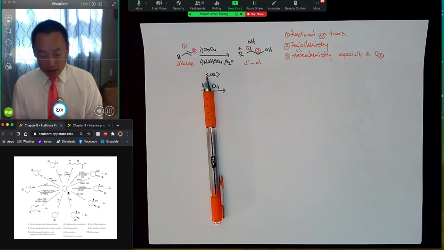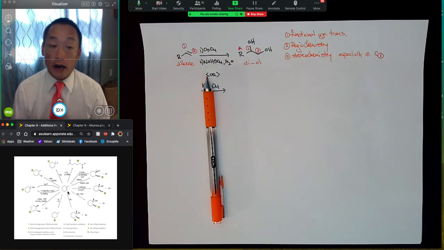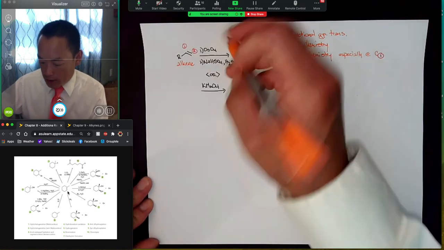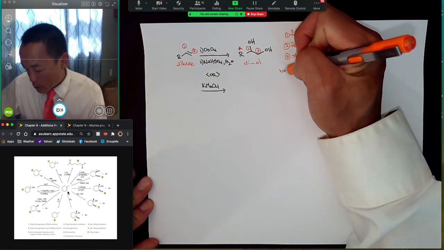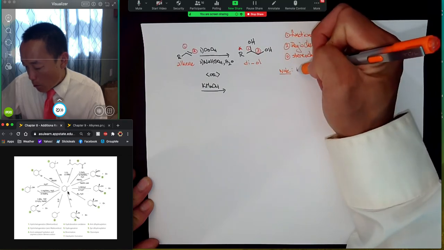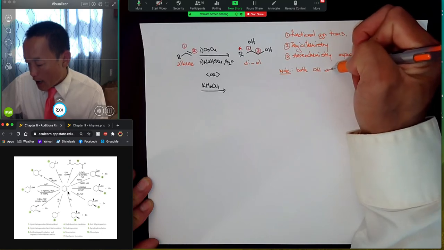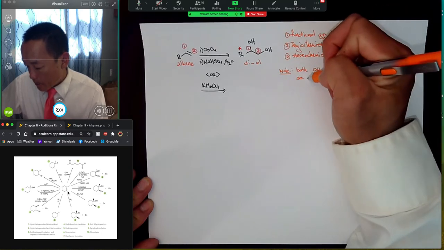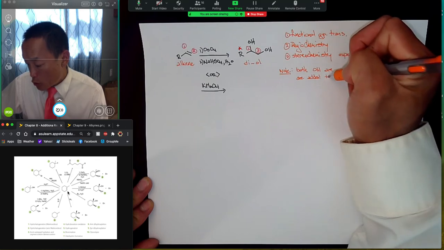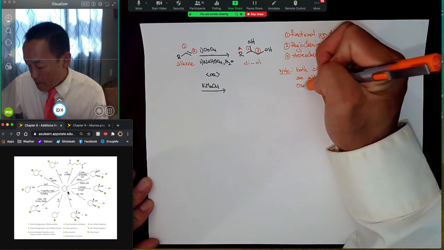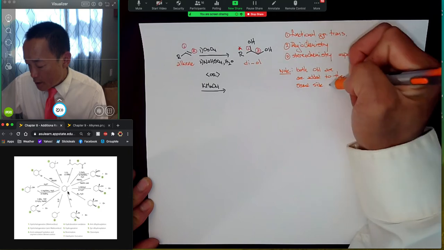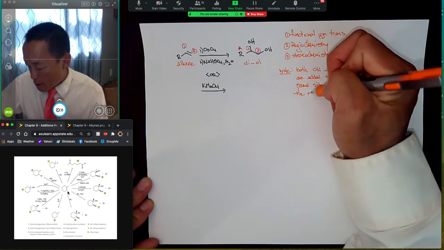Now, mechanistically, certainly, again, I told you there are aspects of this that I could show you, but the nice thing that I like to think about with these types of reactions is that both OHs are added to the same side of the molecule.